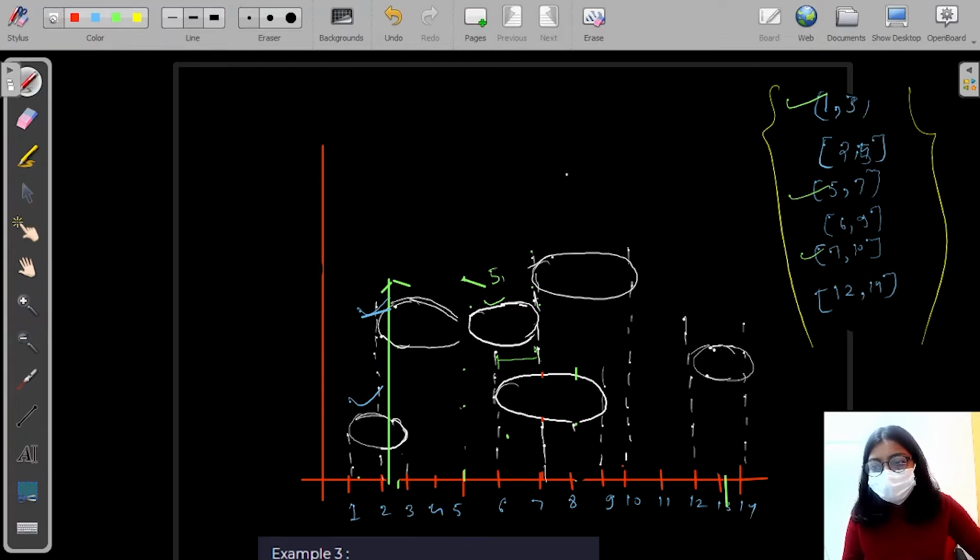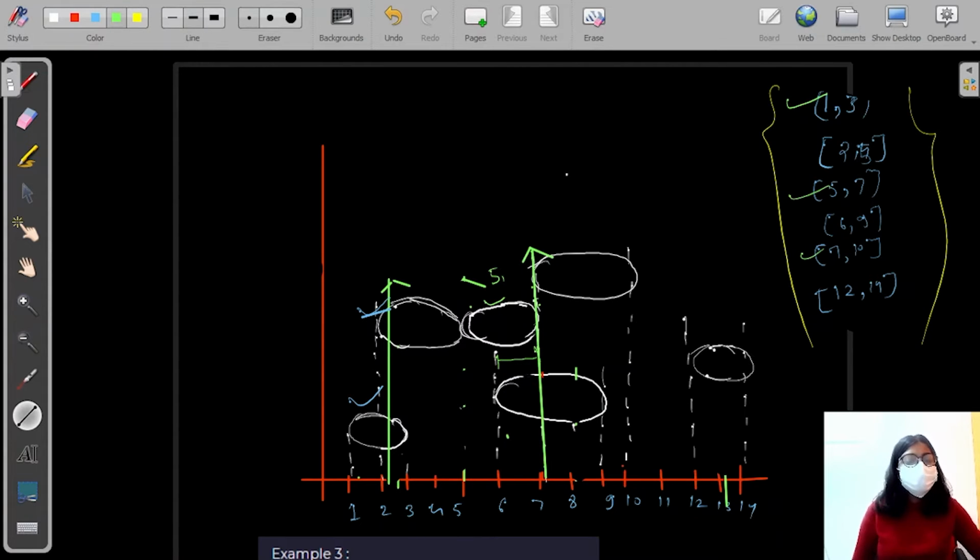Okay, so I am going to take an arrow that is going to burst all of these three balloons. So I will be needing only a single arrow to burst all of these three balloons, right?